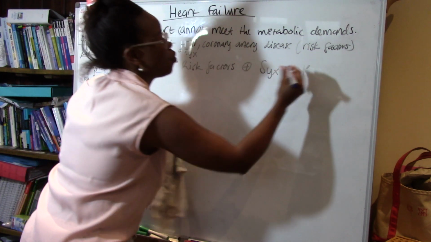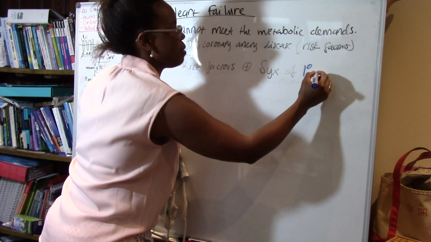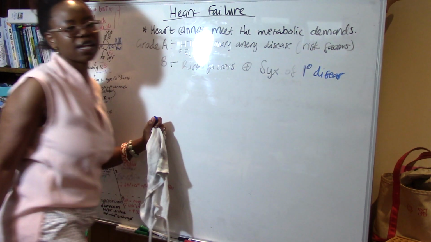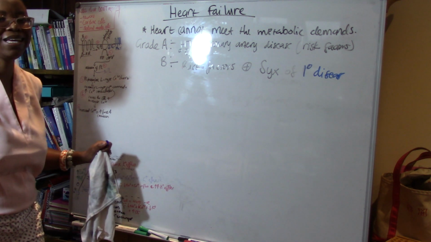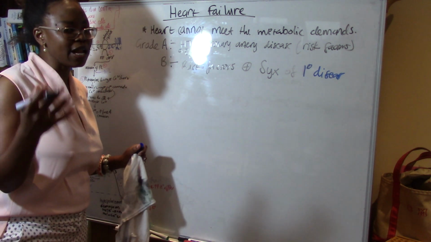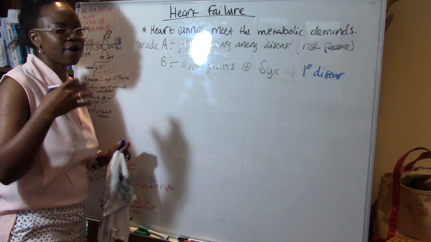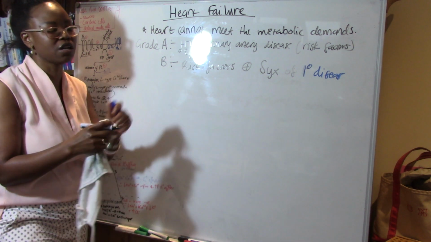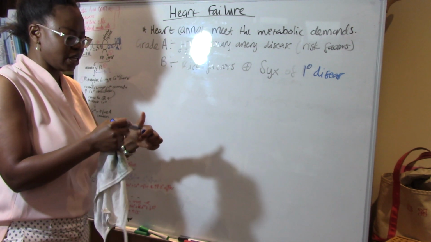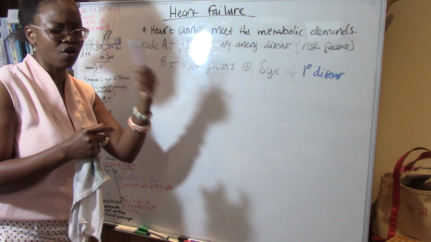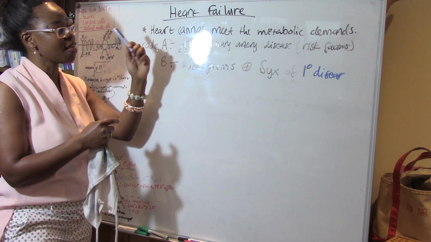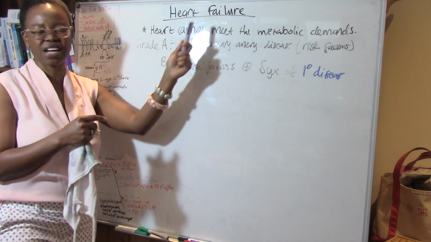So these are people who have the symptoms of their primary disease, because I think it's important to remember that heart failure really is more like anemia. It's not really a primary disease. It is a manifestation, or really an indication of another underlying cause that is actually causing the heart to fail.